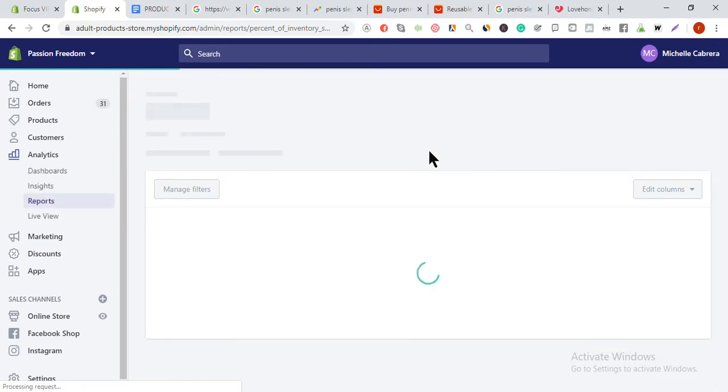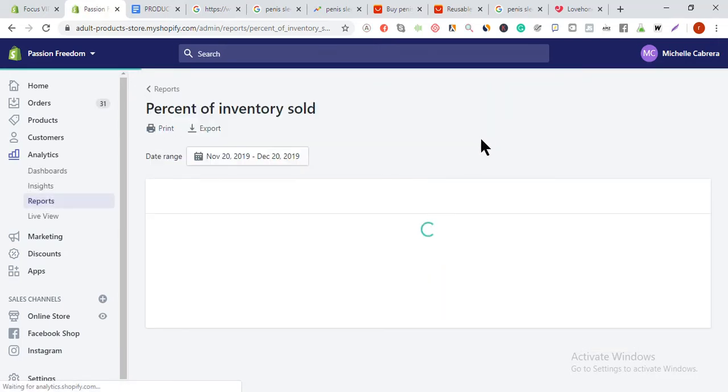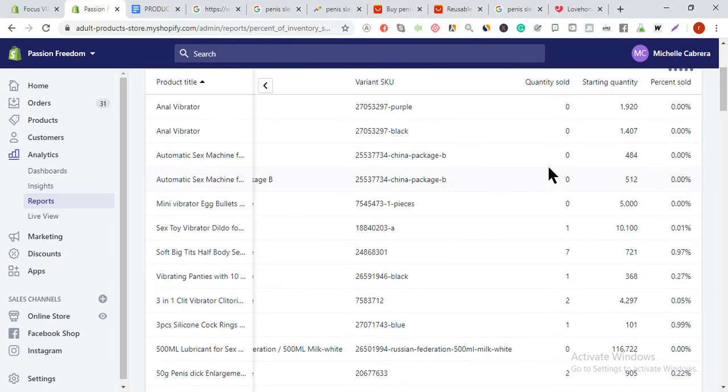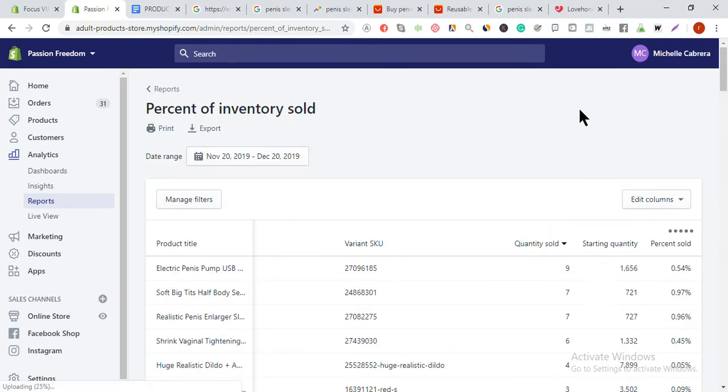Let me see. So like I said, the store data is not really good. Anyway, let me see, quantity sold. So as you can see, this item here, the electric penis pump, it's their best seller, right?